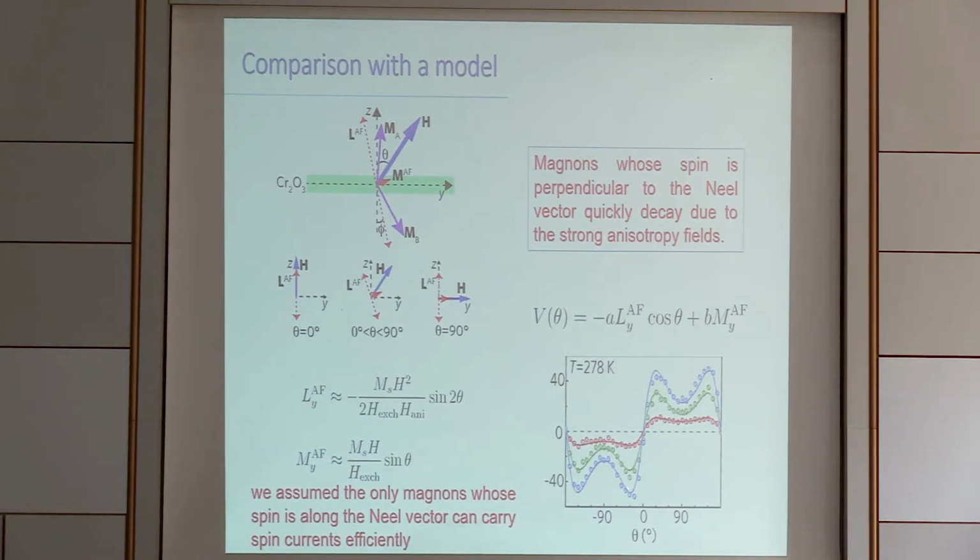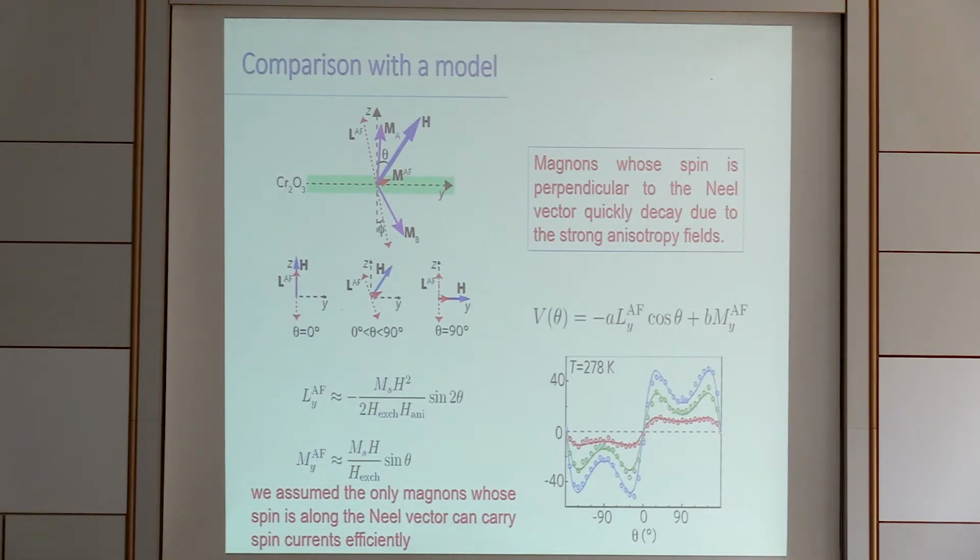So this angular dependence is consistent with a calculation based on the model in which we assume that only magnons whose spin is along the Néel vector can carry spin current efficiently. Magnons whose spin is perpendicular to the Néel vector quickly relax because of the strong anisotropy field.